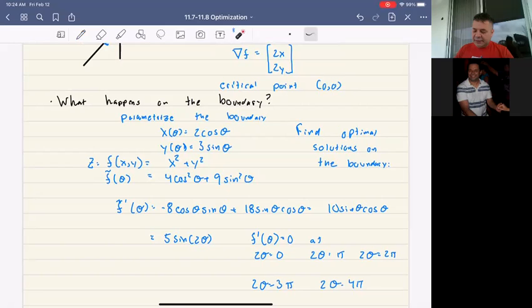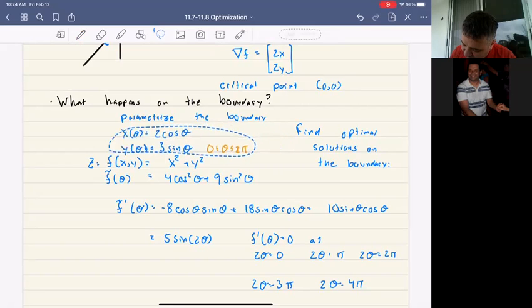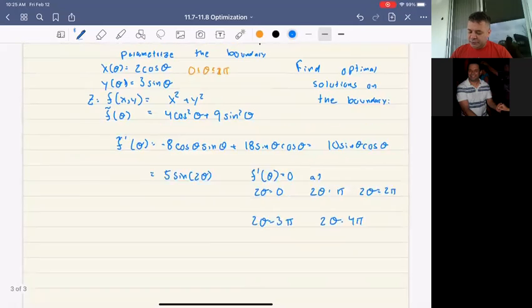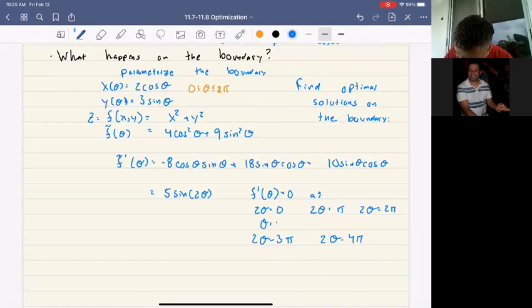Because remember, theta here, I didn't write it, but I should have, goes from 0 to 2 pi. So this is theta equals 0, theta equals pi over 2, theta equals pi, theta equals 3 pi over 2, theta equals 2 pi.